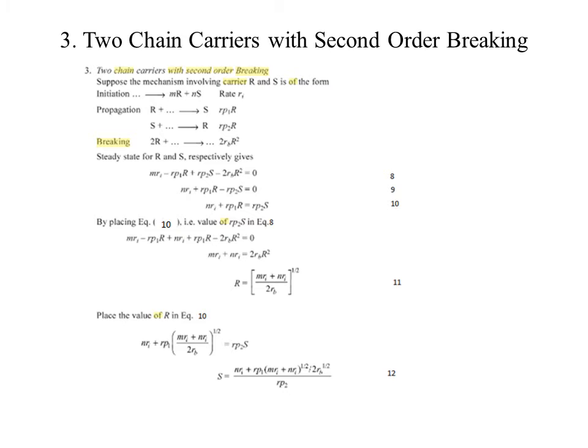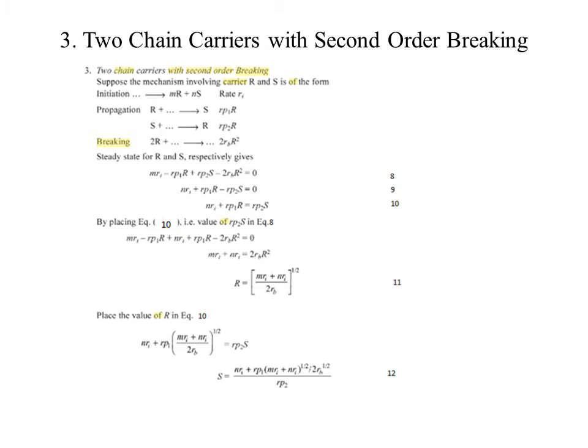The third is two chain carriers with second order breaking. Suppose the mechanism involving carriers R and S is of the form: initiation, MRi, two reactive chain carriers are produced with rate Ri.